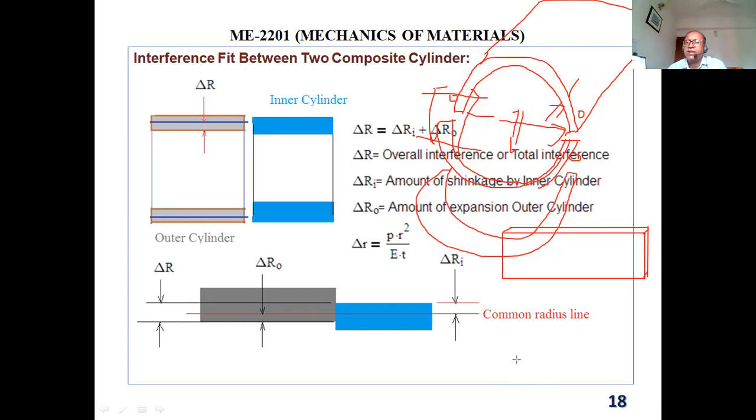Composite cylinder means a smaller pipe you just put inside of a bigger one. So the scenario you are coming to is like that. This is a, okay. This circle I cannot move it.